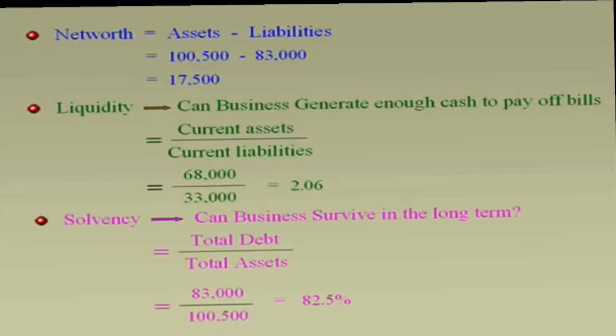Is that good or bad? The answer is, it's horrible. 82.5% means creditors have a claim on 82% of your business. Is that good? That's terrible. The cutoff for solvency is 40%. Just remember that.